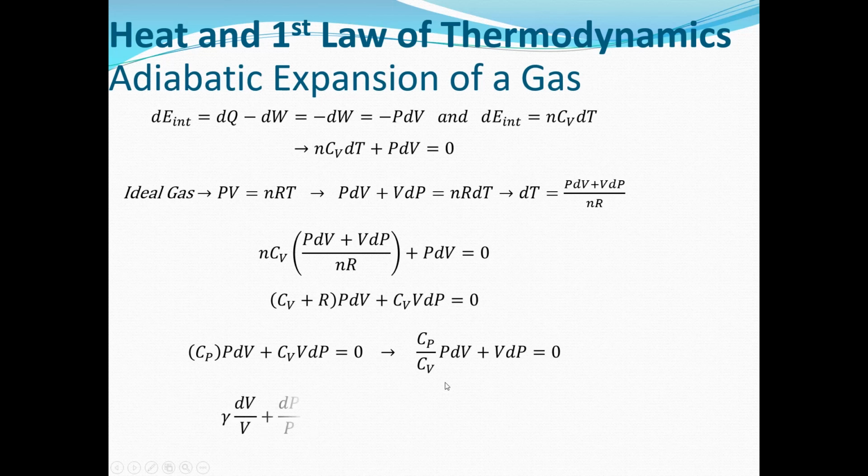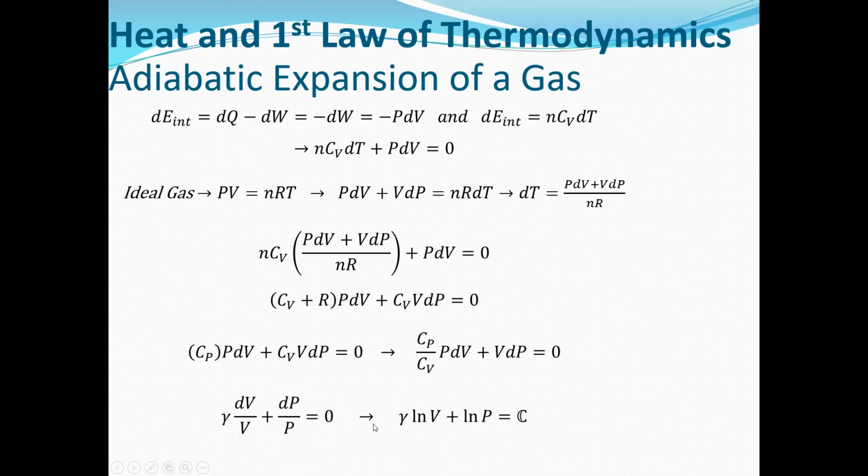And then we're just going to keep playing around with this. So divide the CV from both sides so we get this relationship. This CP over CV is going to be simplified as gamma. And then what we can do is divide both terms by P and V so that we get dV with V and dP with P.